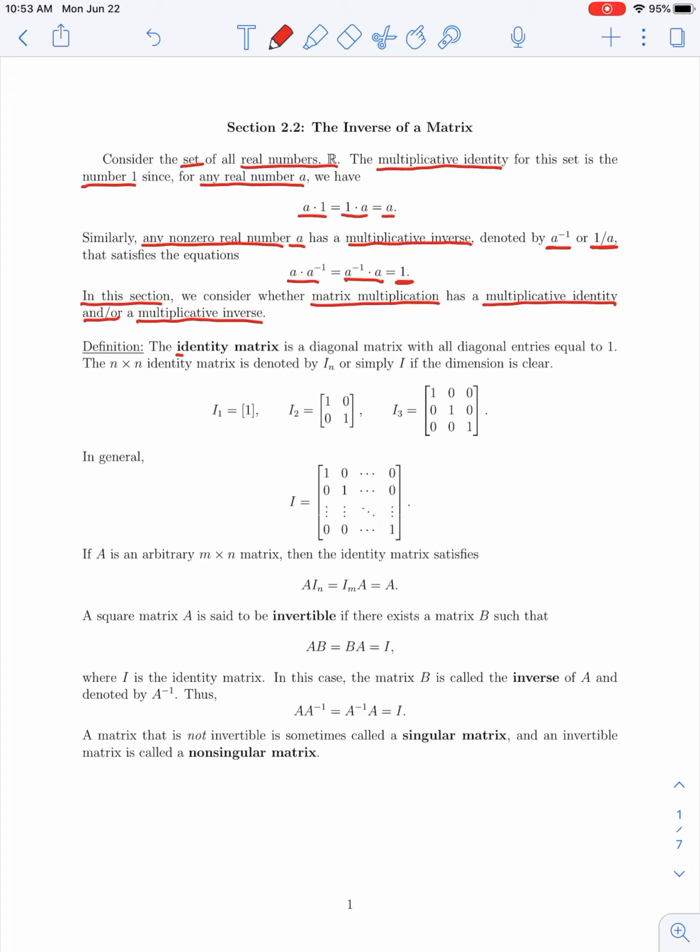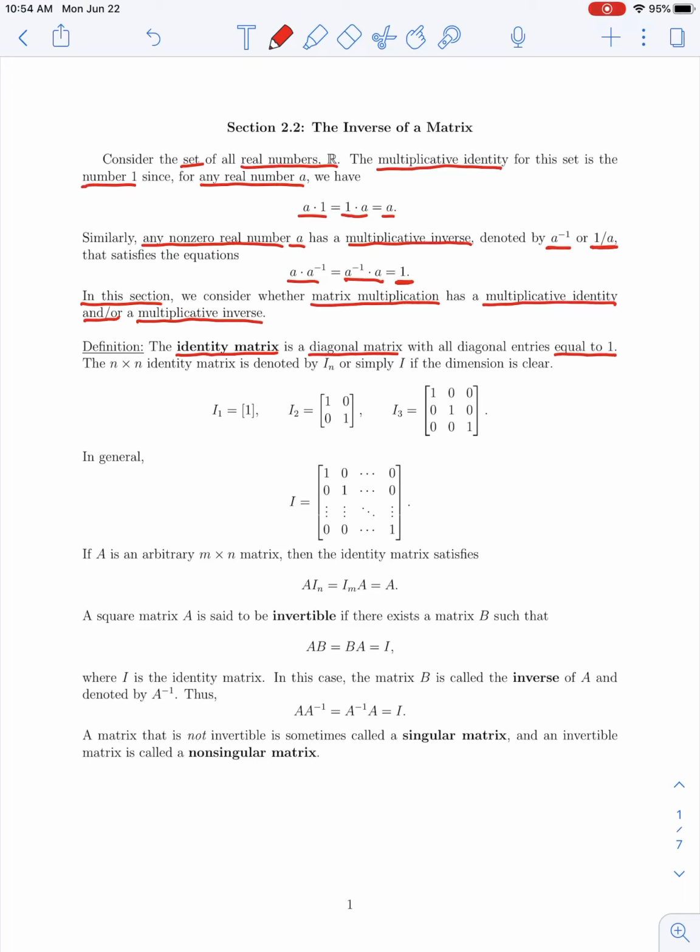So here we define what's called the identity matrix as the diagonal matrix that has all of its diagonal entries equal to 1. And when we talk about matrix multiplication, for given matrices, we have to be a little careful about what the dimension of a matrix is so that the product would be defined.